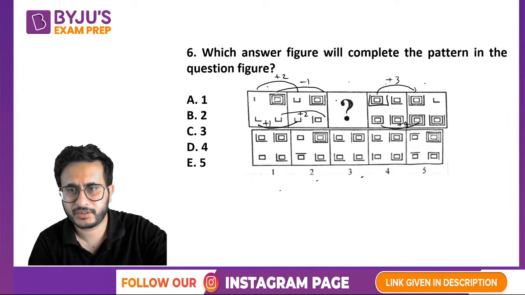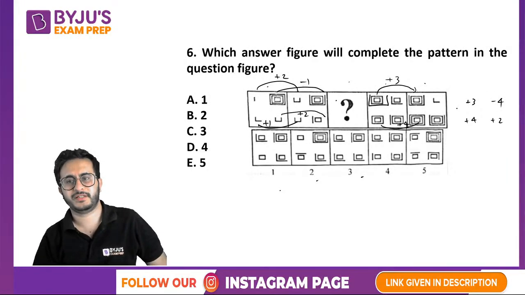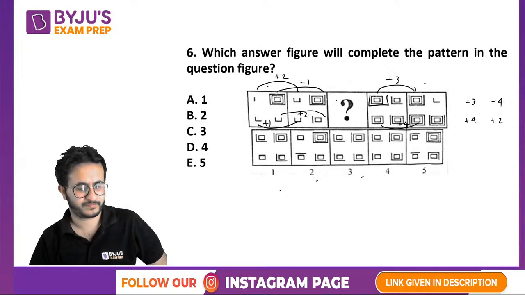This got increased by 1, 2, and this got decreased by 2 lines outside and 2 lines inside, -4. So that is the structure that has happened.